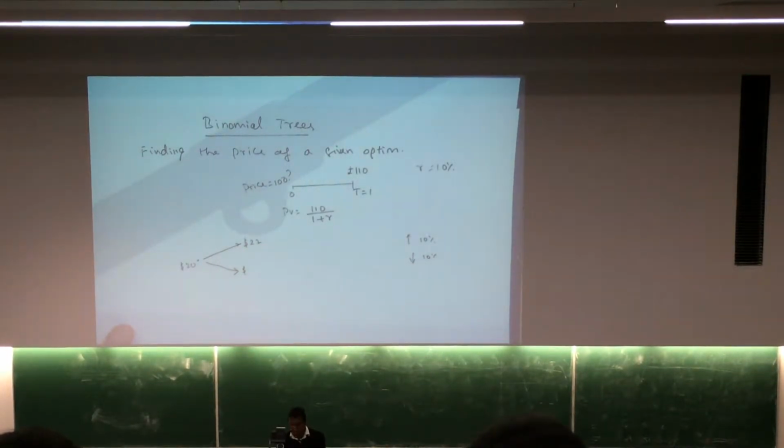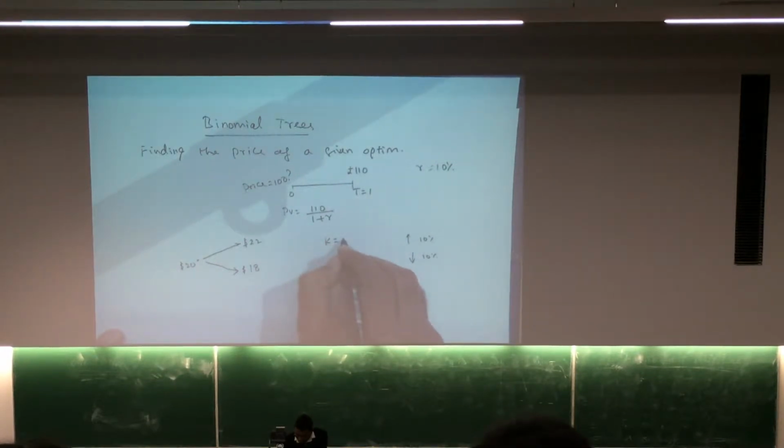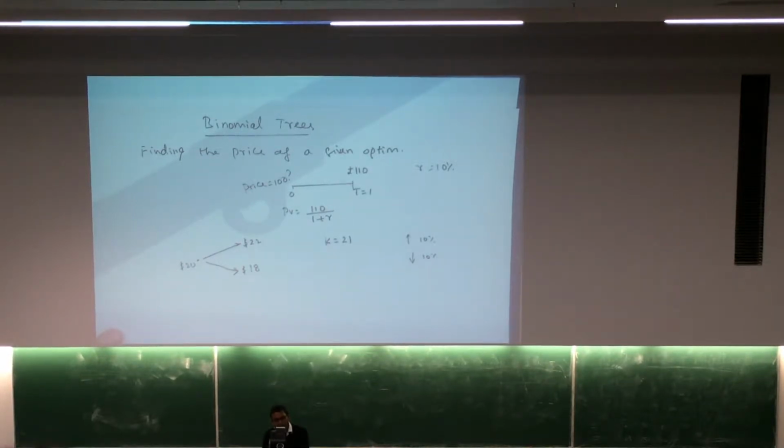If it goes down, the future price is 18. Okay. Let us say that I am going to buy an option with a strike price of $21, or 21 pounds, it doesn't matter. Okay.